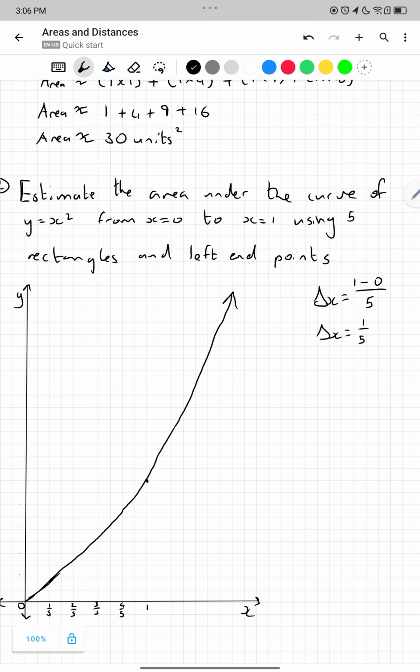And we'll be using left endpoints, that means the first rectangle will be on the Cartesian plane like this. And then the second one will be as follows.